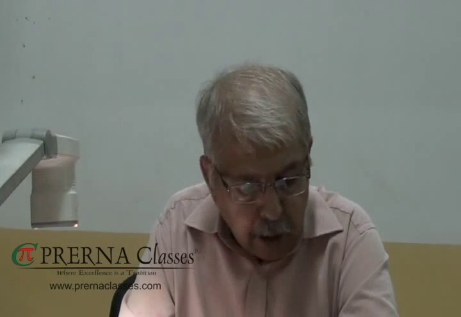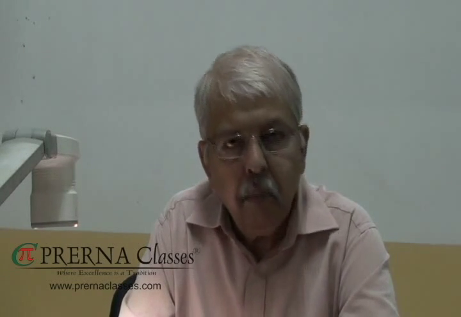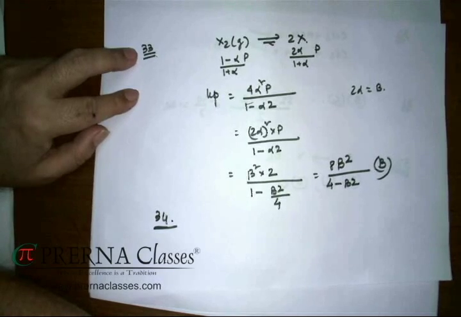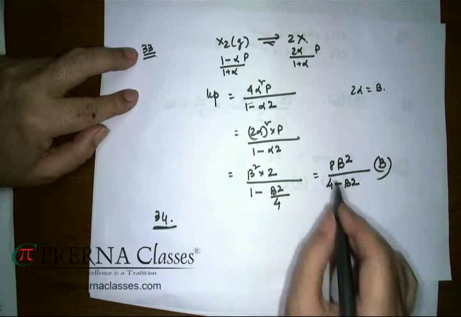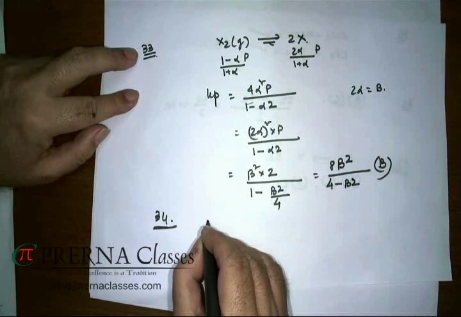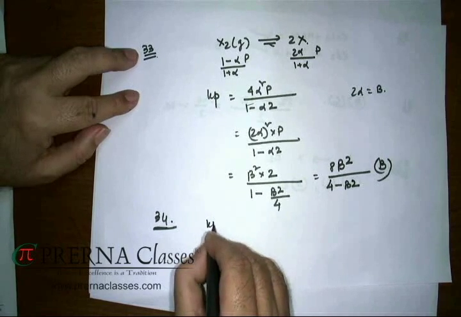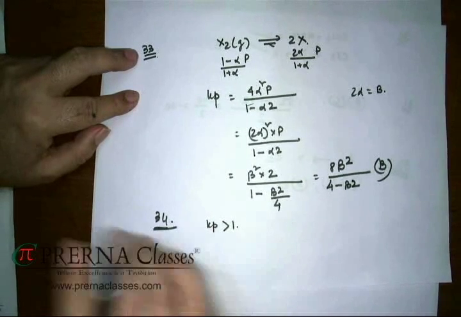Now, he said equilibrium is 0.7. If I put at equilibrium, concentration of beta is 0.7. If I put the value of beta 0.7, then Kp is coming out to be what? Here the Kp is coming out to be greater than 1.